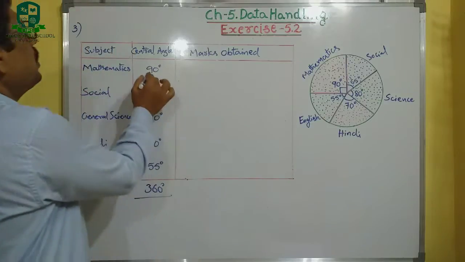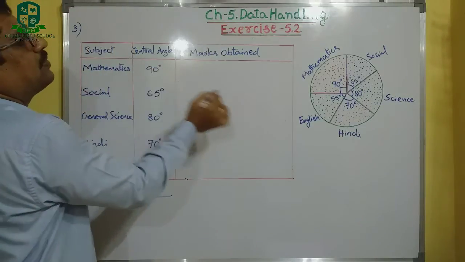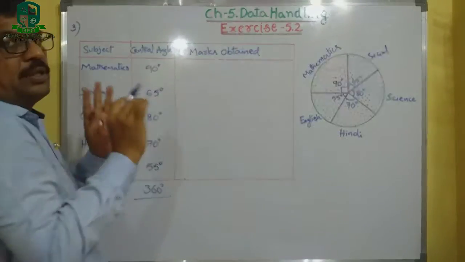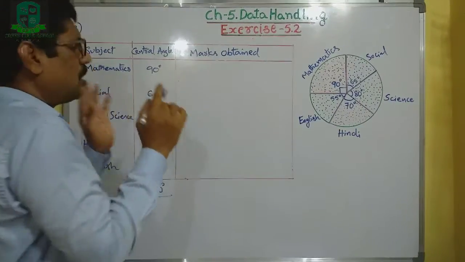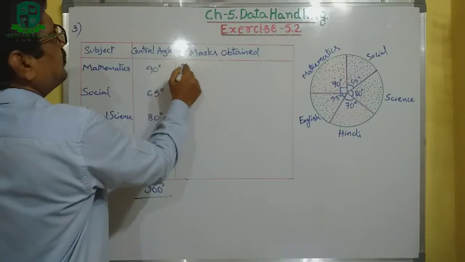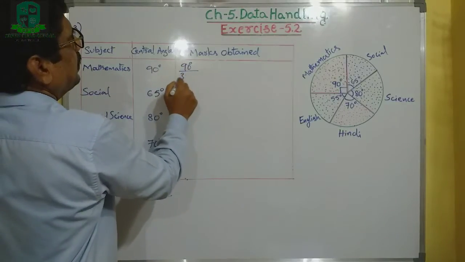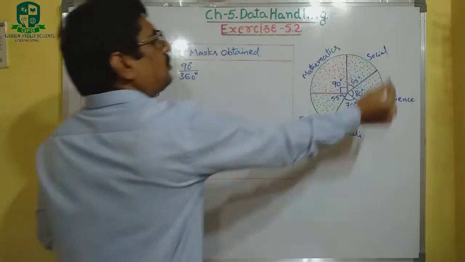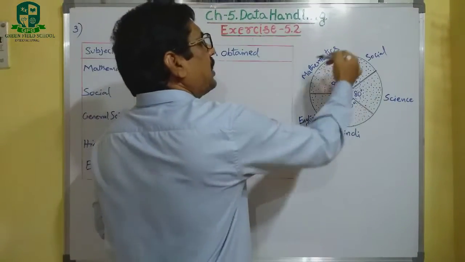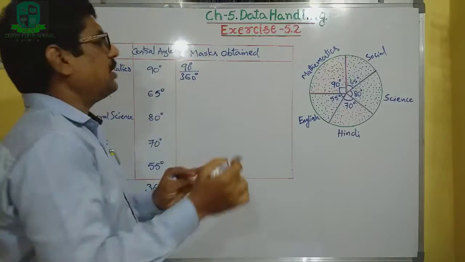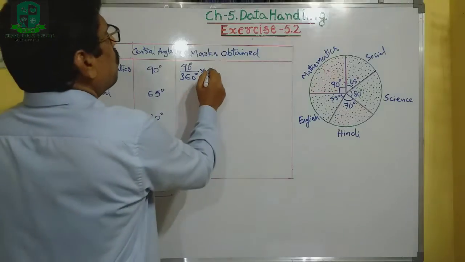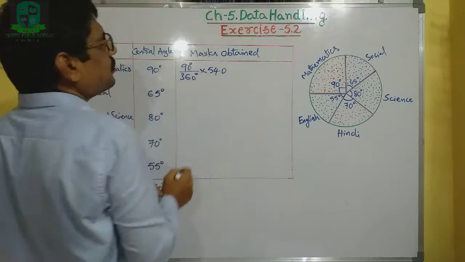For example, the angle is 90 degrees in the sector of mathematics. So the mathematics marks are 90 out of 360, the total angle, into the total marks given, 540.